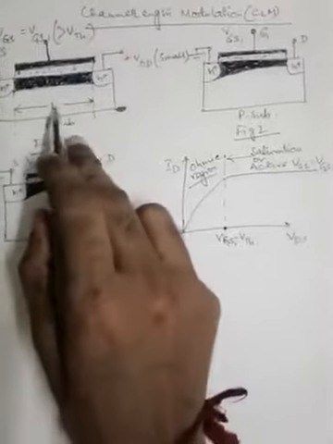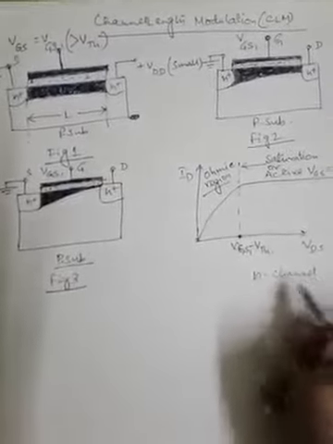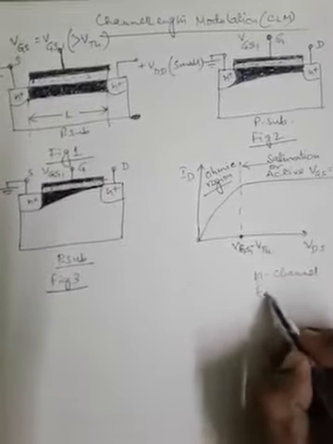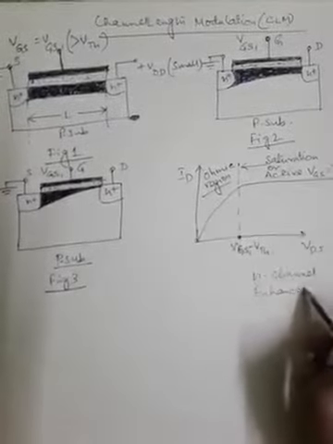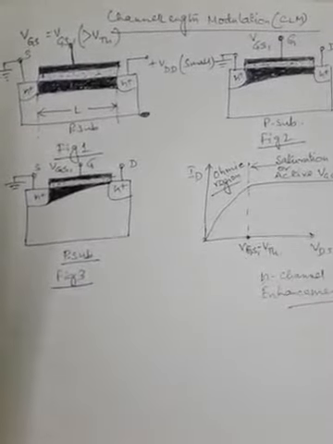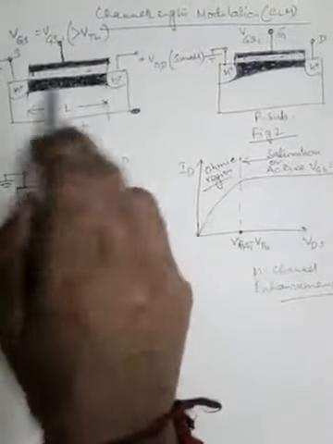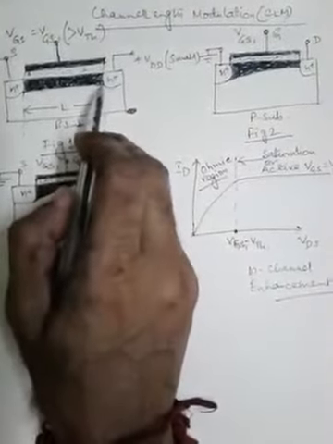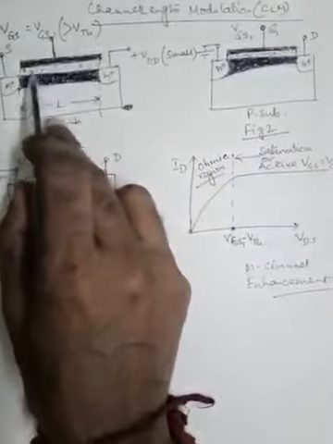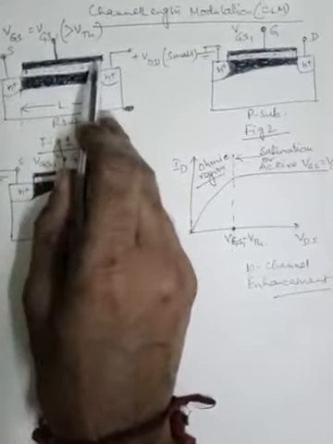Let us first refer to this figure of the N-channel enhancement type MOSFET we are considering. You know that in such a MOSFET, two heavily doped N plus regions are termed the source and drain terminals, and between them the channel is formed. This dotted portion is the oxide layer, and above that the metallization is done and the gate terminal is formed.